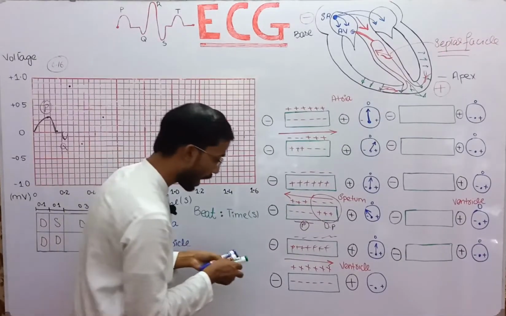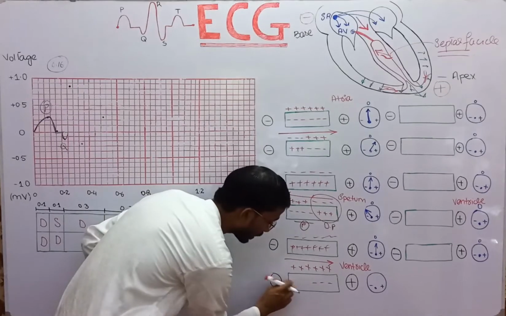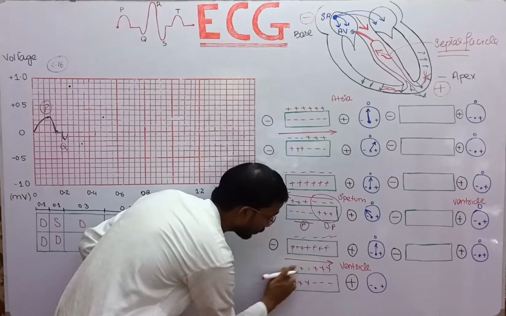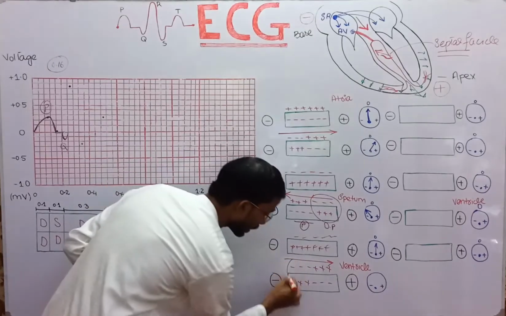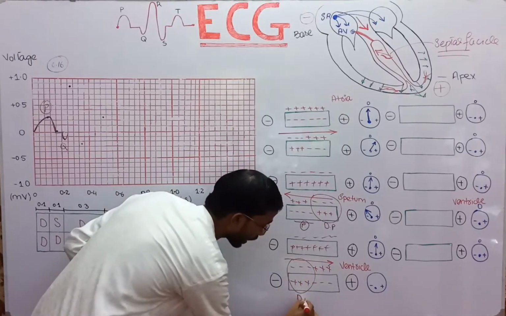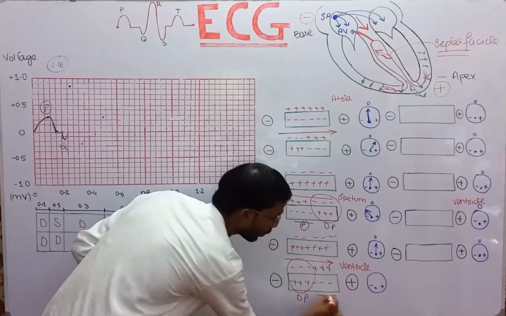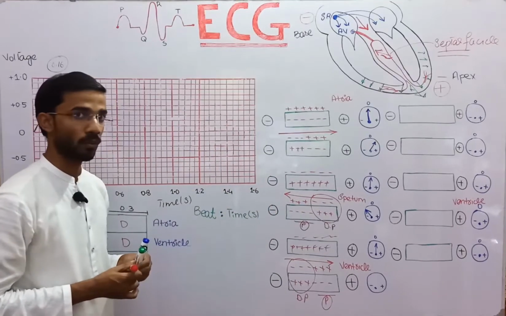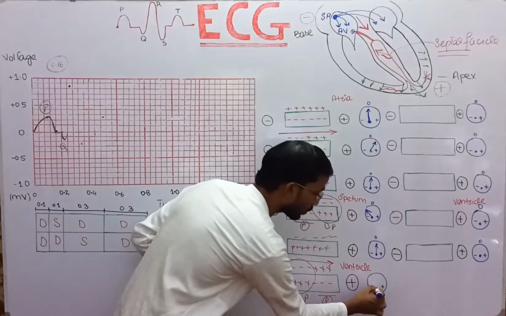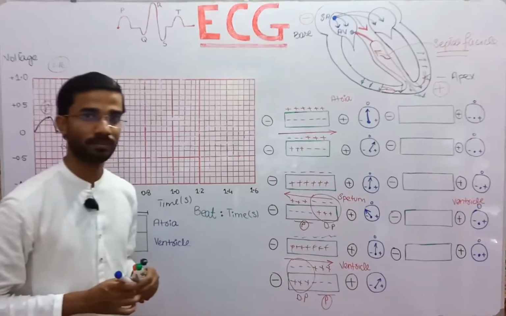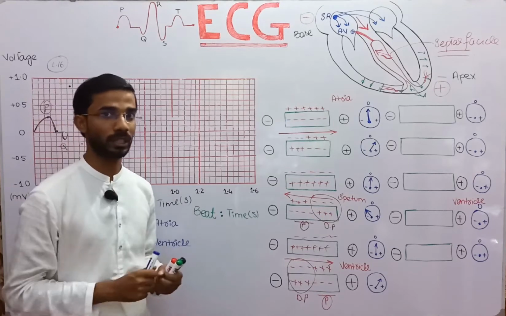Again, concept zero. Half of these cells become depolarized and half are still in a polarized state. What will be the direction of the needle? The needle will start moving towards the positive direction. So what will happen on the graph?